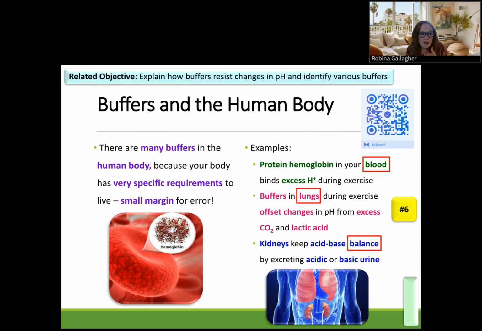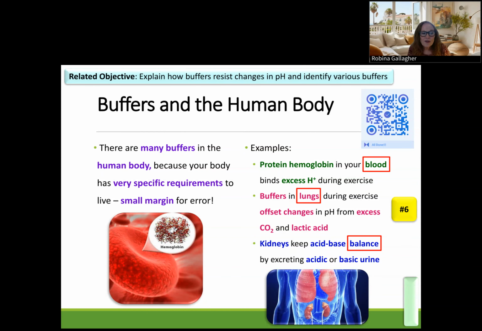During respiration, when I'm breathing in and out, my pH changes when there's too much carbon dioxide. And then it starts forming carbonic acid in my lungs, and that's not good. So I need the buffers to stabilize my pH in my lungs.